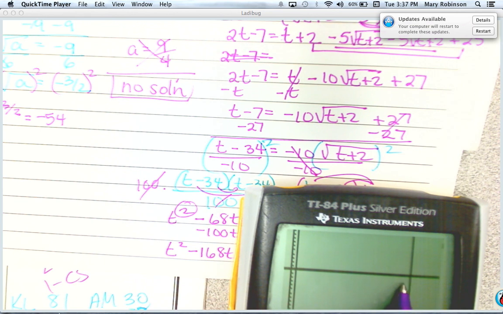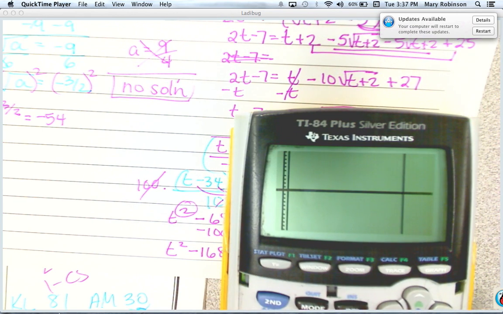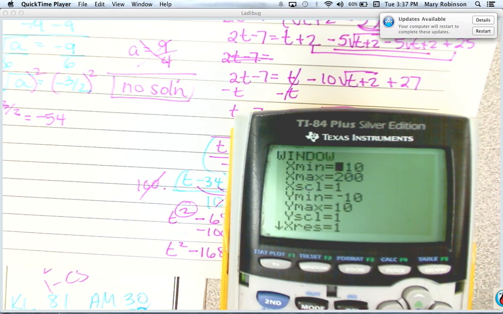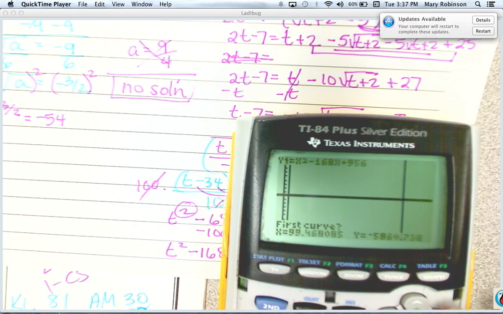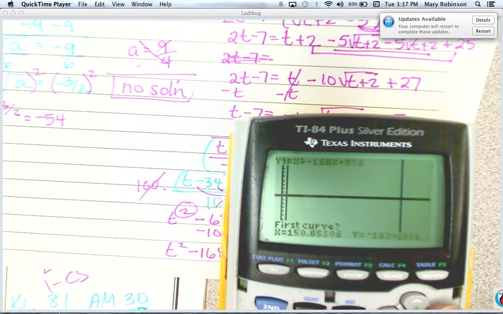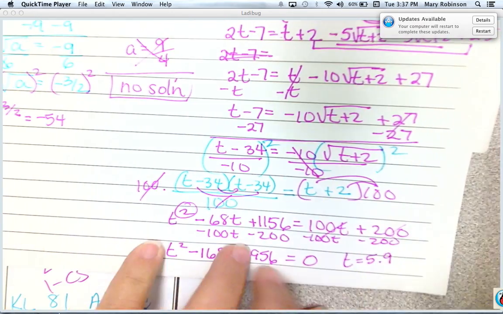And there it is, okay, just by zooming out. Or adjusting our window rather than zooming out. So all I did, guys, is I went to window and changed my x max to 200. Second trace 5. I know it's way over here at about 200. Maybe around there. And we get 162.1.